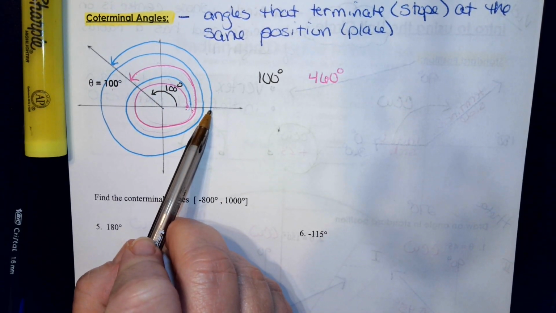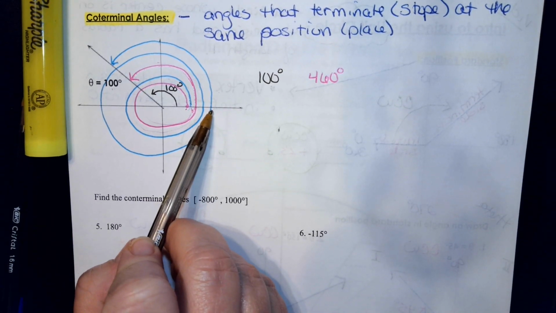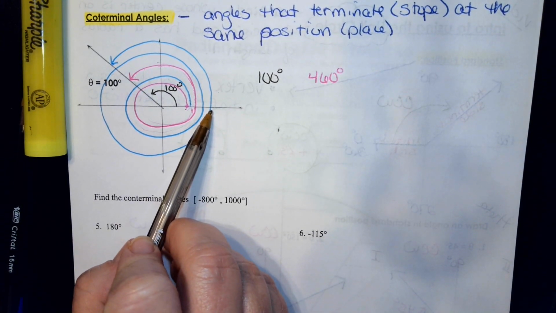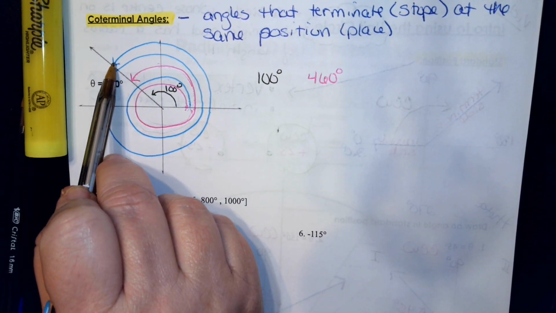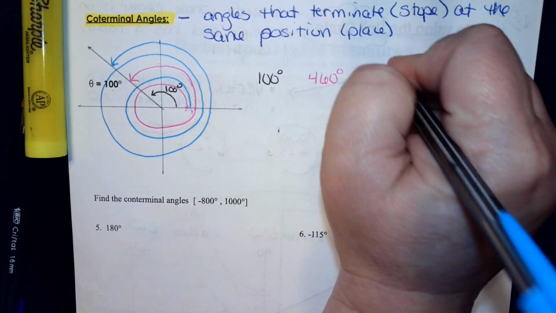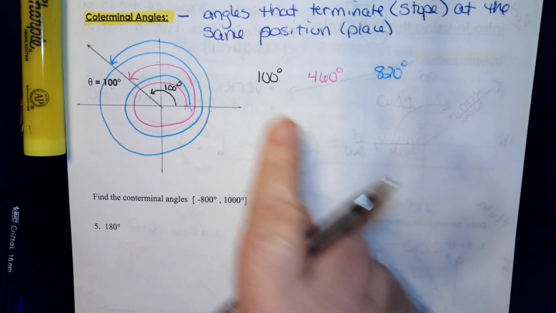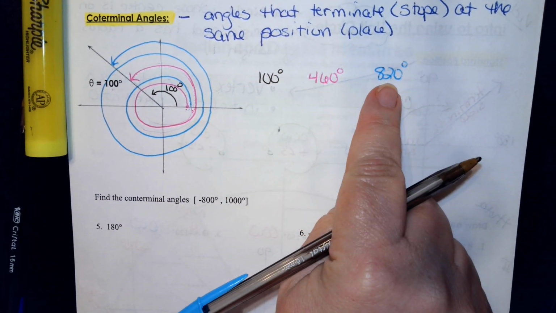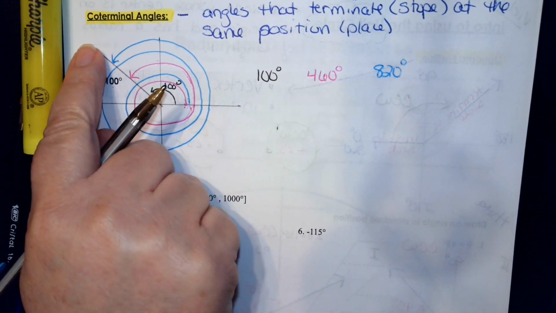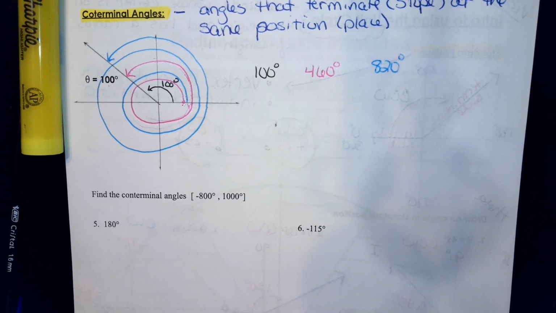So 360 plus 360 is 720. So two circles, two complete rotations is 720. So then adding in that additional 100 degrees would make that 820. So 100 degree angle, a 460 degree angle, an 820 degree angle. They all stop at the same spot. So these are called coterminal angles.